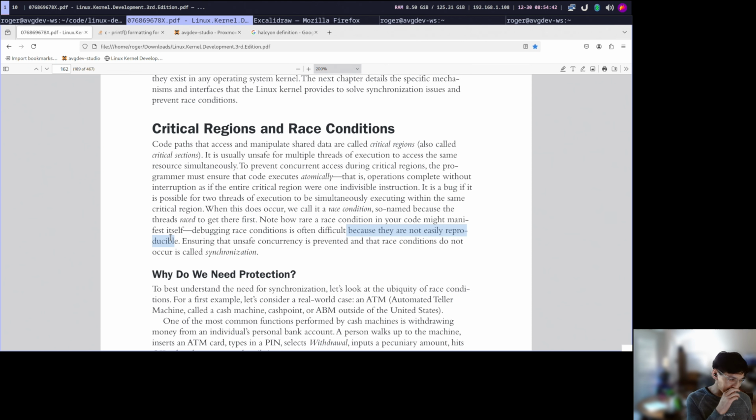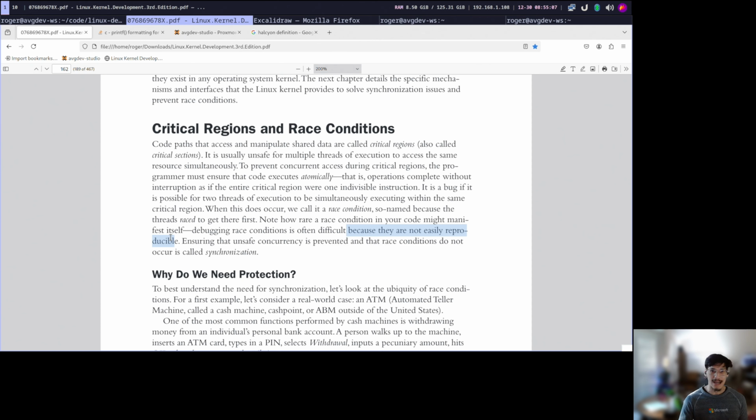And that's why oftentimes when we run into bugs with race conditions, and this is not even kernel, this is normal programming, you have to try to reproduce it many times until you actually are able to hit that exact condition, and it gets really hard.